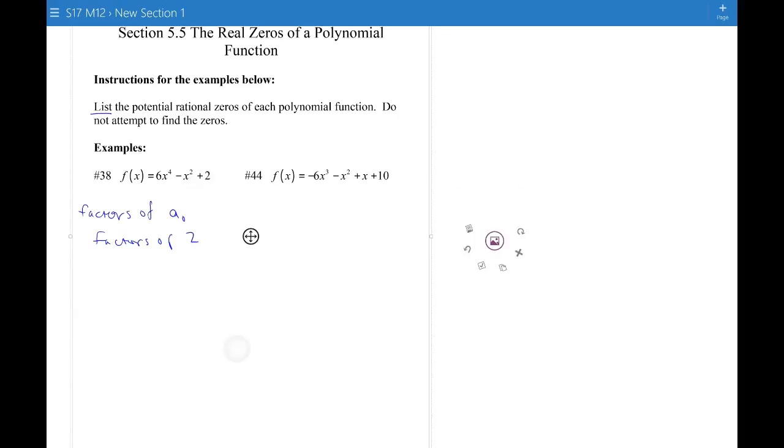So you get plus or minus 1 and plus or minus 2, because positive 1 times positive 2 equals 2, and negative 1 times negative 2 equals 2.